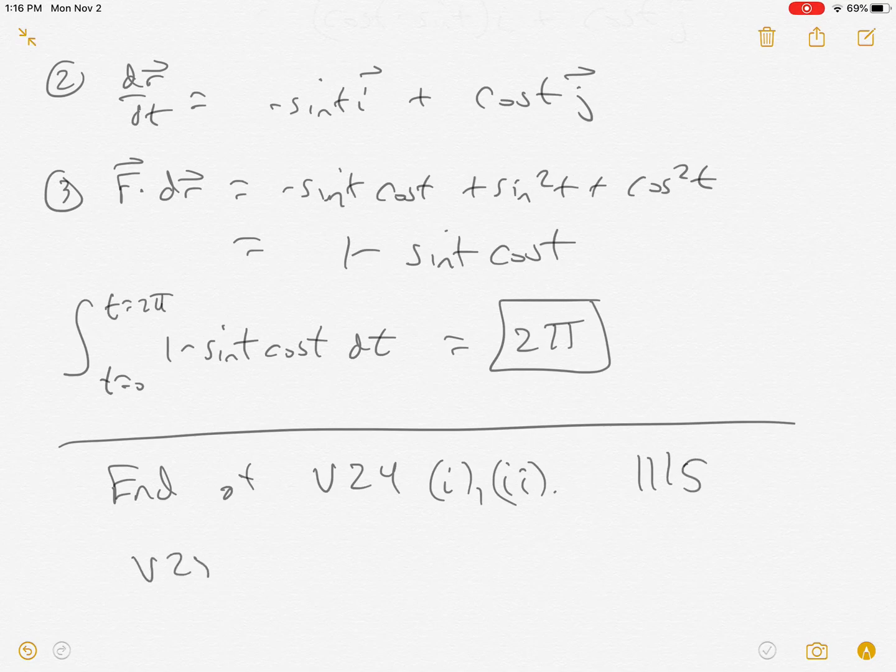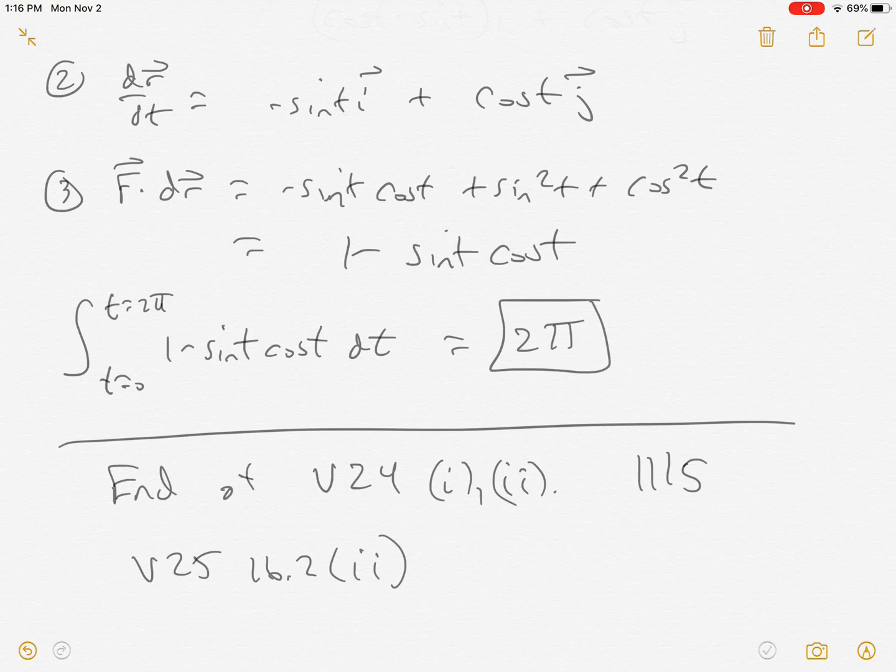So video 25 is going to be this section, part 2, sorry. We'll pick up here when we start talking about flux. And so yeah, video 23 is in 2 pieces, one of which doesn't have any sound. And hopefully I'll get the sound thing worked out before I make video 25, which is 16.2 part 2.